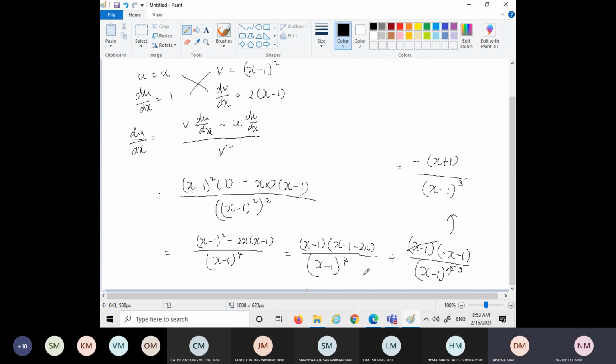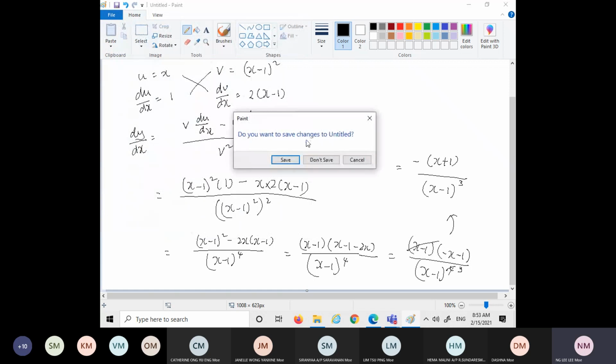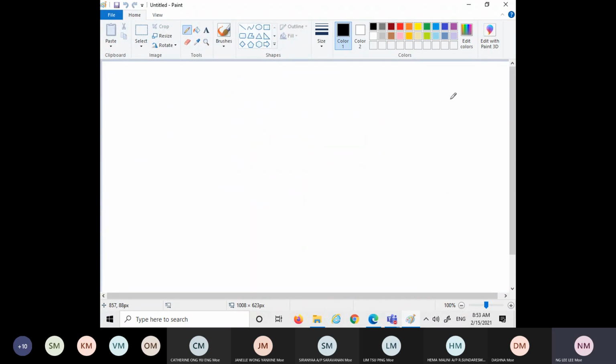Okay, I'm going to show you one or two more examples using this quotient rule. Look at example 10 in your textbook, example 10A. Quotient rule.